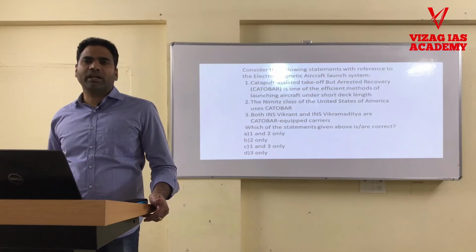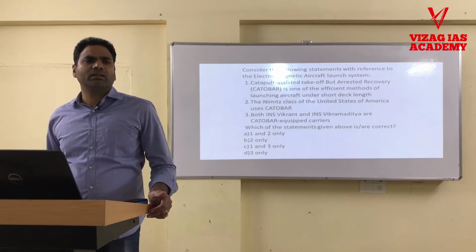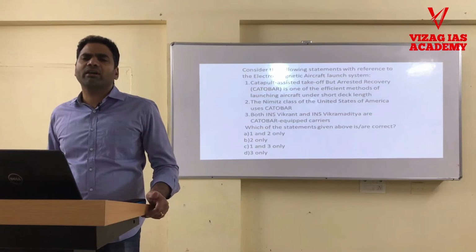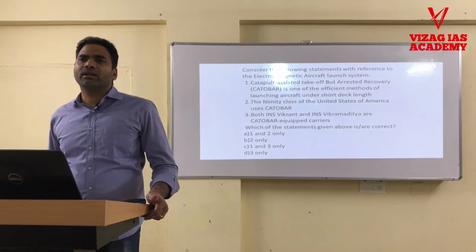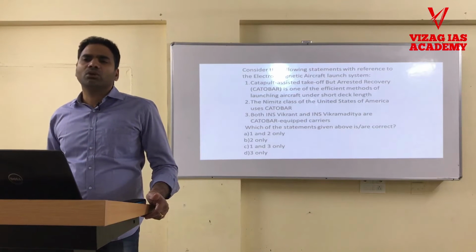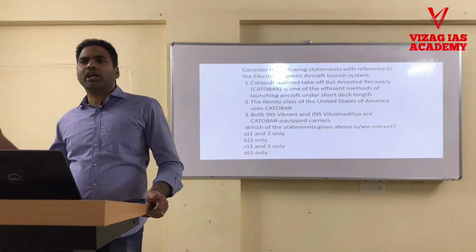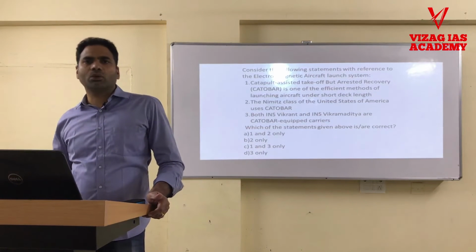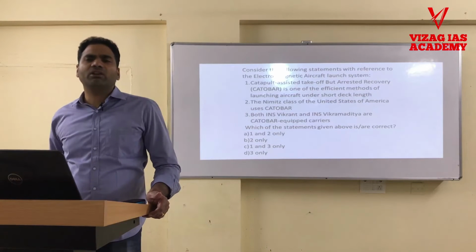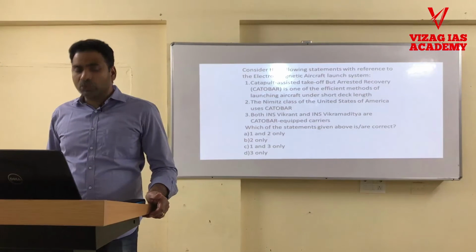Normally, jet aircraft need a longer runway so that they reach the ideal velocity to take off. Since on aircraft carriers you do not have enough length, they catapult. They throw them with a force so that they have that initial velocity. So that is the use of Catobar.